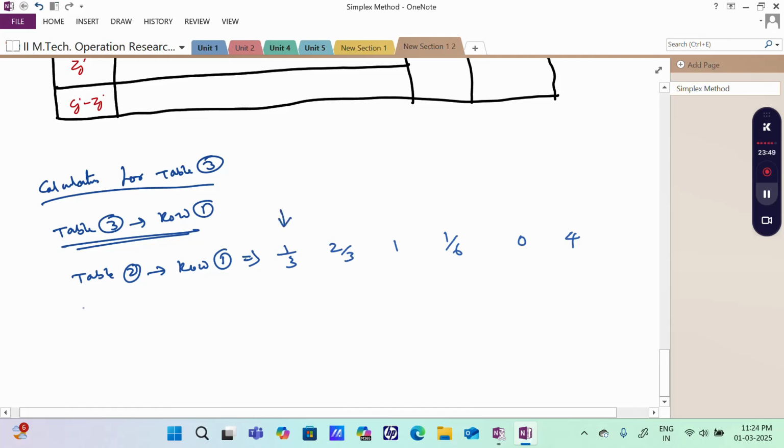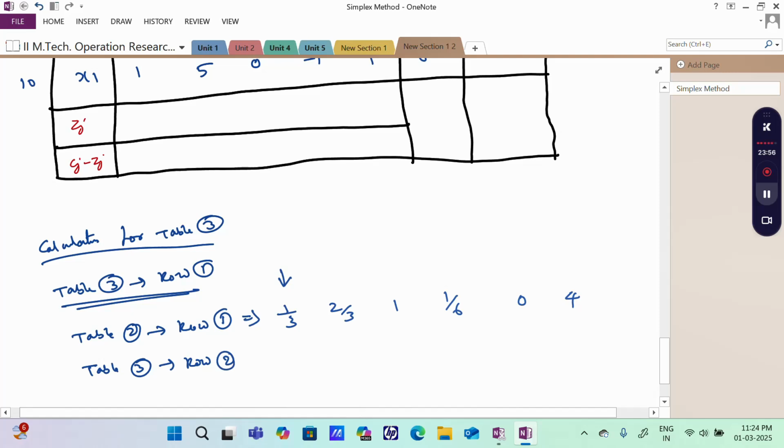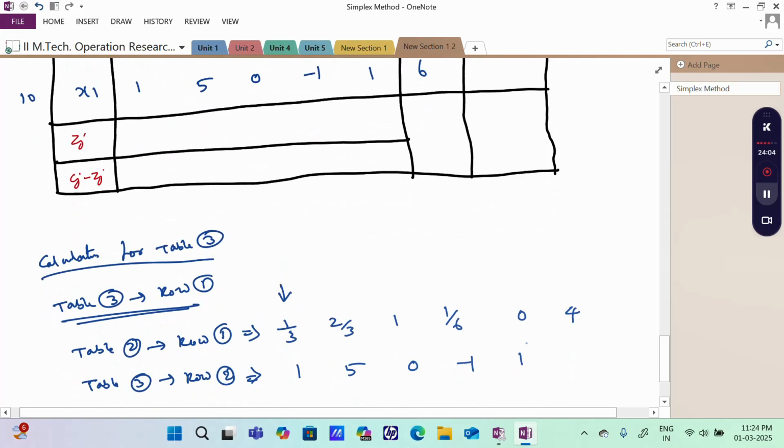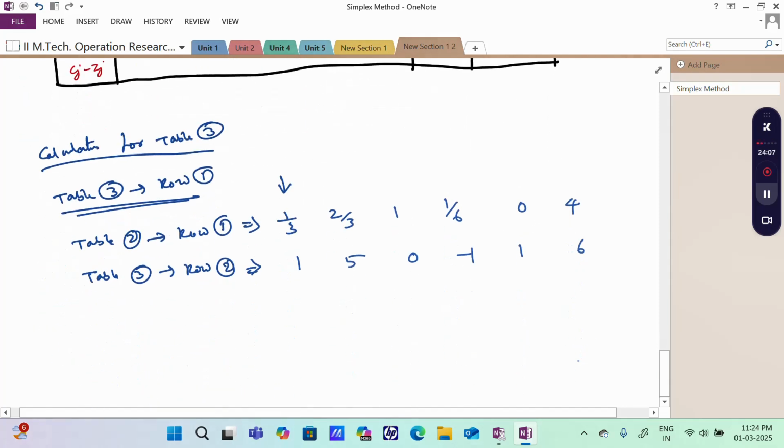Therefore, the new value, table 3 row 2, is 1, 5, 0, minus 1, 1, 6. Now we multiply by 1 by 3 here: 1 by 3, 5 by 3, 0, minus 1 by 3, 1 by 3, 6 by 3, 2.